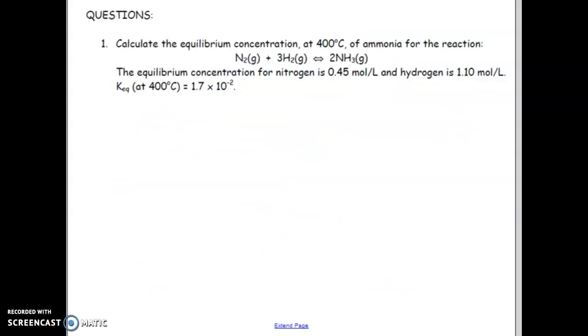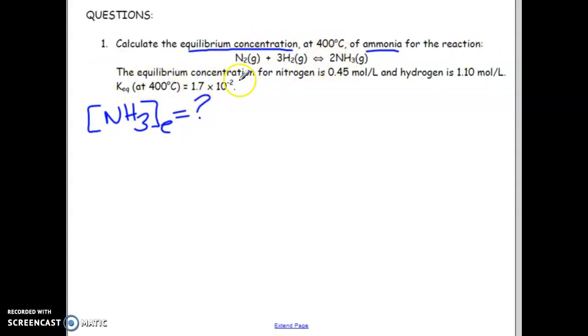Okay, so we're going to take a look at a couple of examples of how you would use this K expression and what type of scenarios you're going to come across. So let's take a look at what we have here. It says, calculate the equilibrium concentration at 400 degrees Celsius of ammonia. So we are looking for the concentration of ammonia at equilibrium, and we have the reaction.